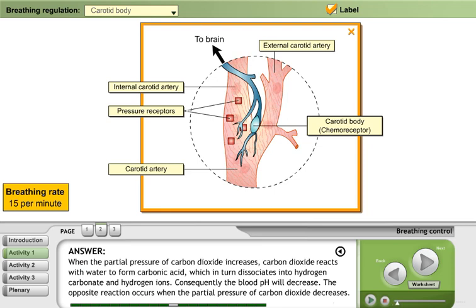Answer: when the partial pressure of carbon dioxide increases, carbon dioxide reacts with water to form carbonic acid, which in turn dissociates into hydrogen carbonate and hydrogen ions. Consequently, the blood pH will decrease. The opposite reaction occurs when the partial pressure of carbon dioxide decreases.